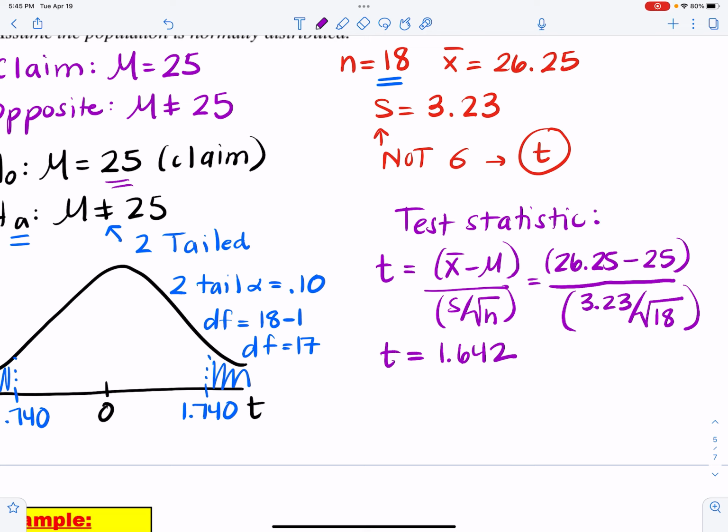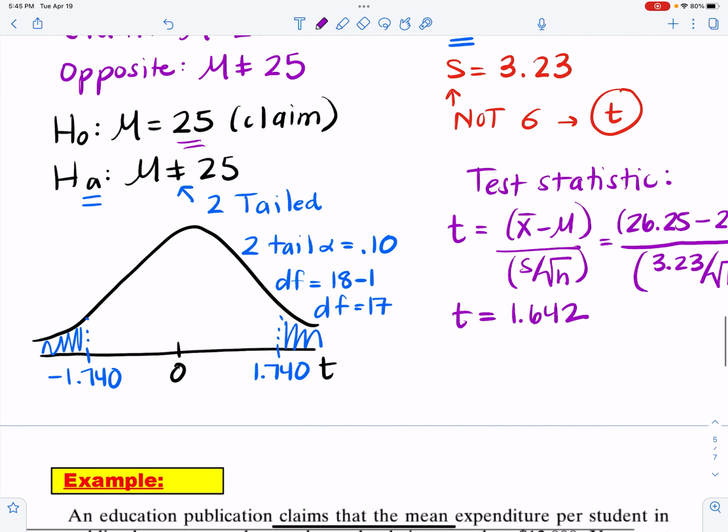And just like for Z, the way I make my decision is I take that test statistic and I look to see if it's in the shaded or the unshaded region. So 1.642, it's positive, but it is less than 1.740. So it would be somewhere back here to the left of 1.740.